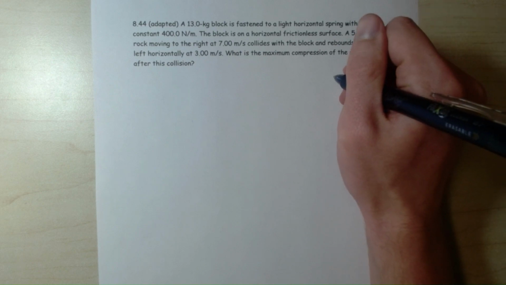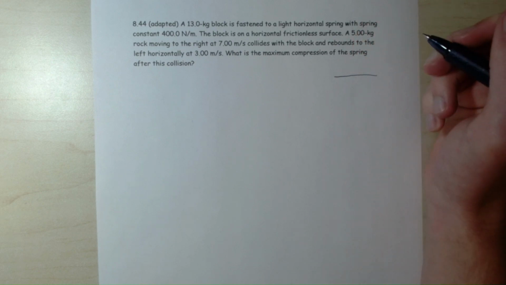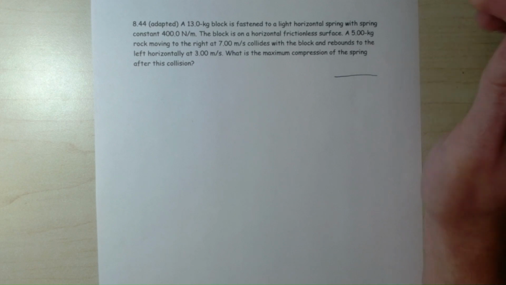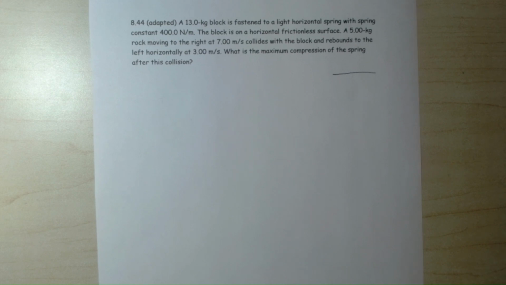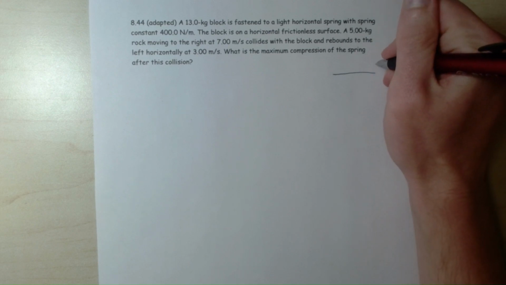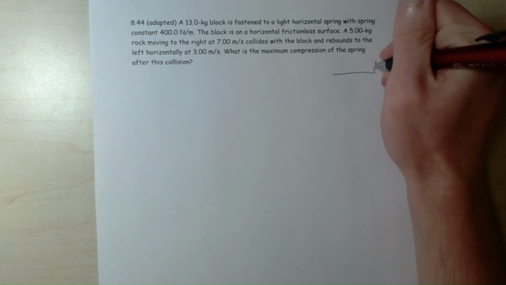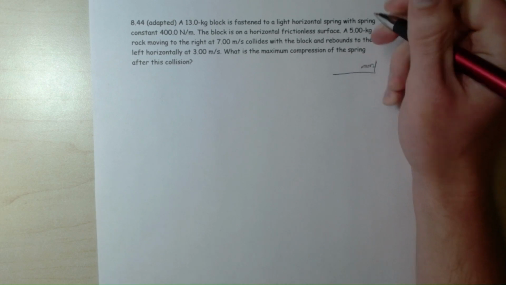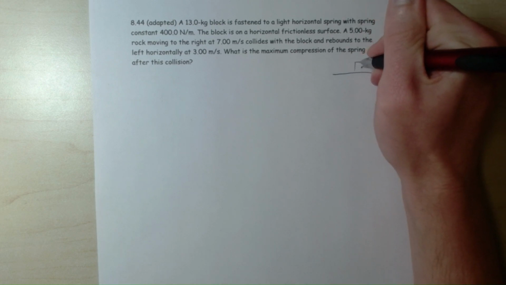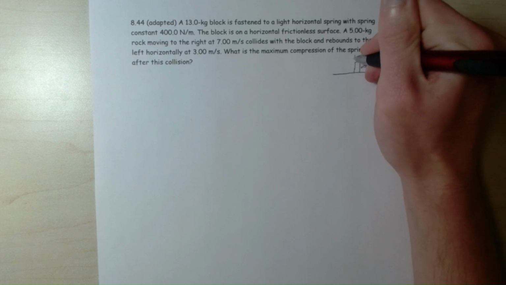So let's draw a picture here. We have our frictionless surface right here, and we have our light horizontal spring right here, and our 13 kilogram block attached to it.